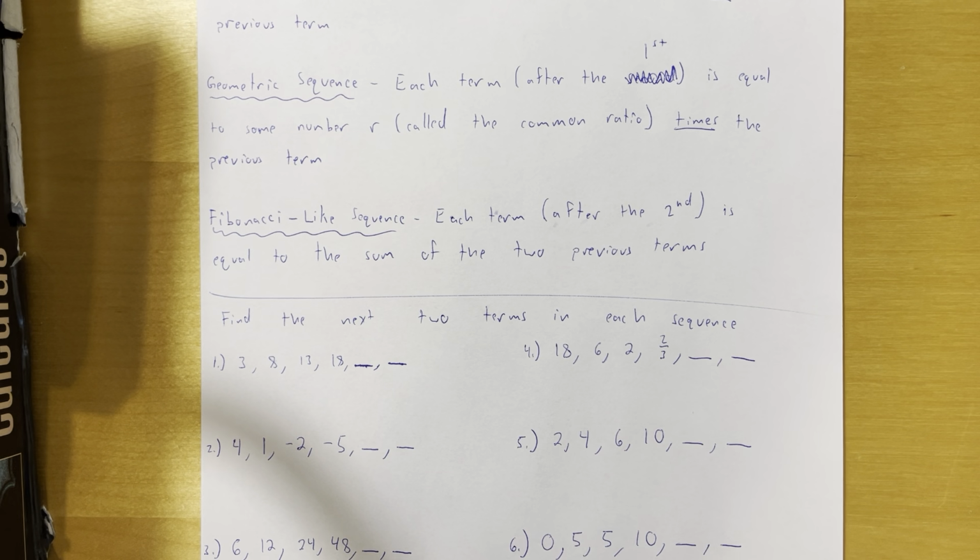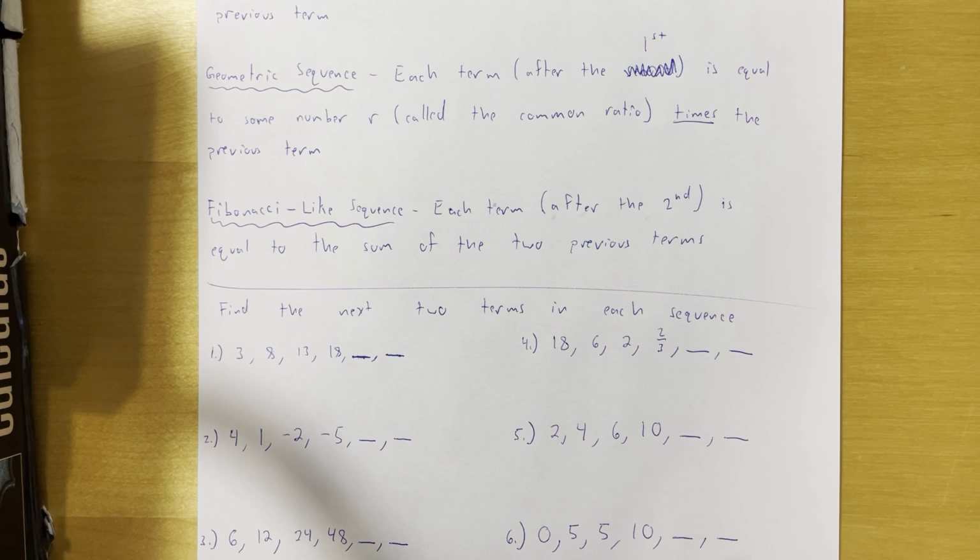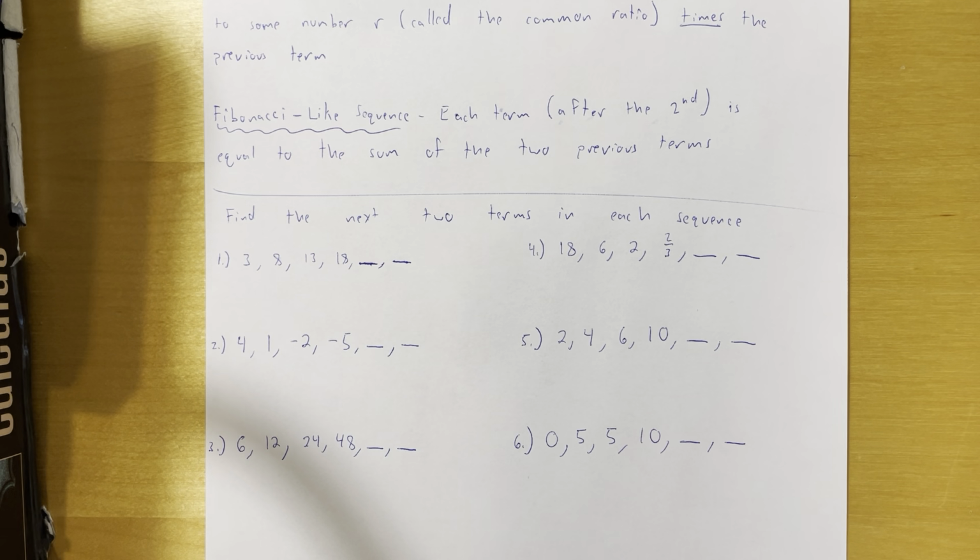A geometric sequence is defined in a very similar way, except instead of adding a number to each previous term in the sequence, we're multiplying a number to each previous term. And we call that number that's being multiplied each time the common ratio. Okay, so we'll look at examples of those as well.